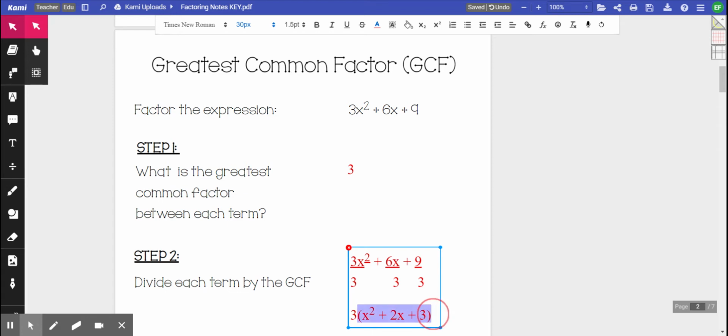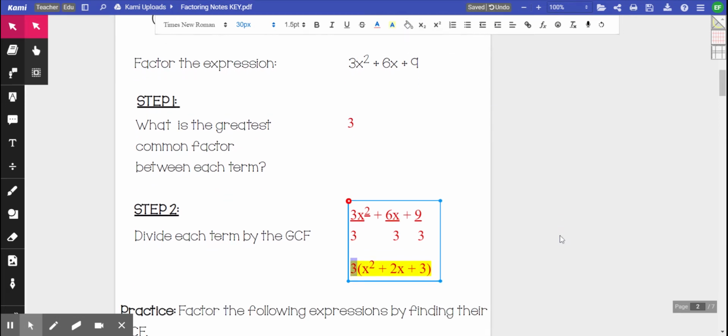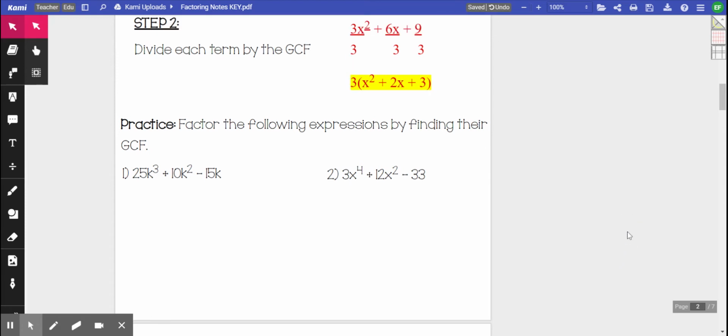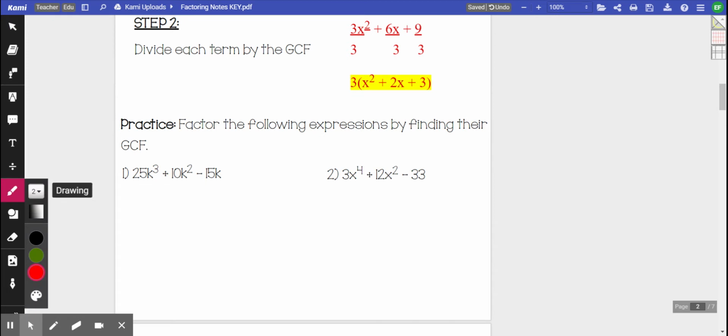And let's go down and look at our next couple of expressions to see how do we factor those. So first one, and feel free to pause at any time if you want to try these on your own and then hit play when you're ready to check. If we're taking a look at 25k cubed plus 10k squared minus 15k, our GCF is going to be 5k.